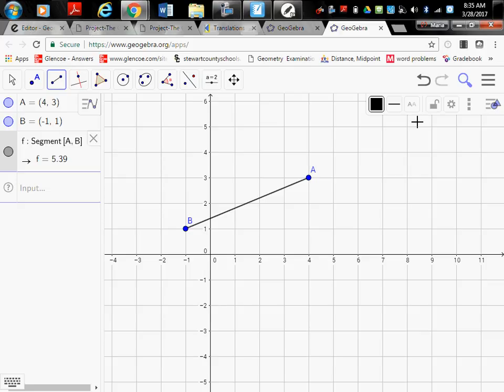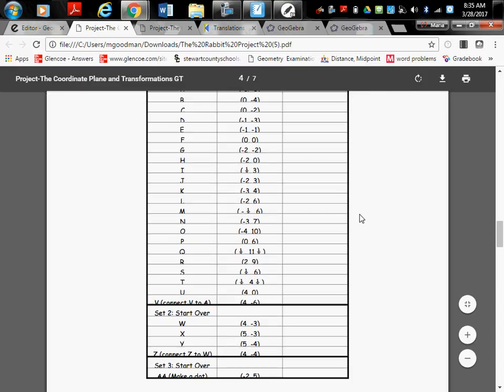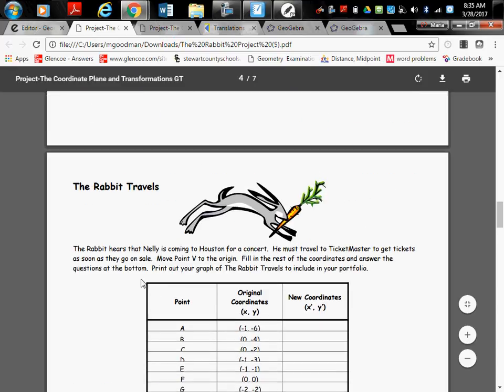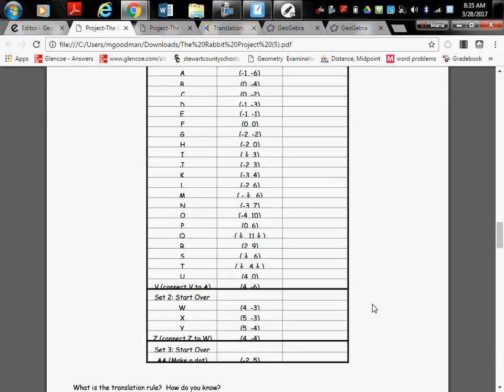So the first thing you have to do is figure out where your new points will be. So you have got to go back to the rabbit, and it tells you to go to point V. Move point V. So that's where you have to start, at point V. And then figure out what the rule is that moved it.